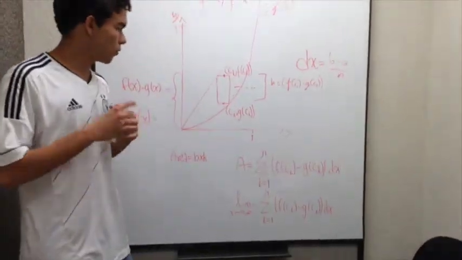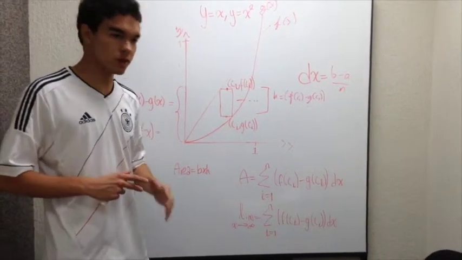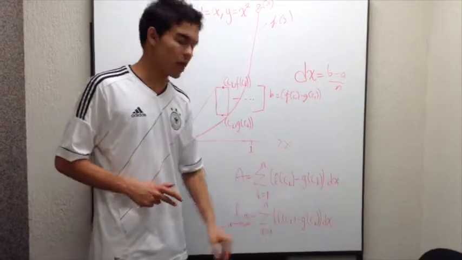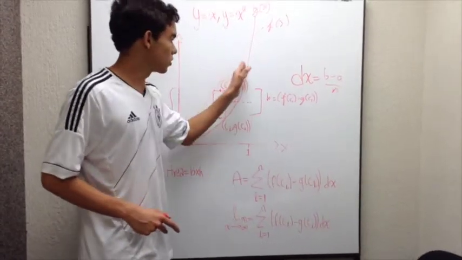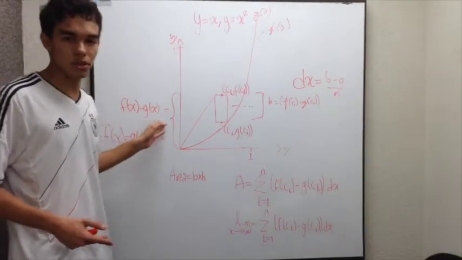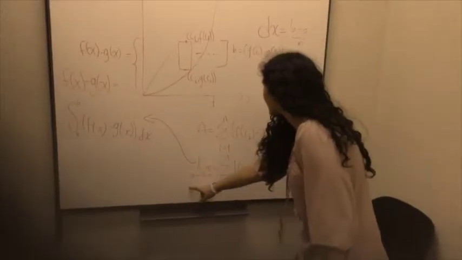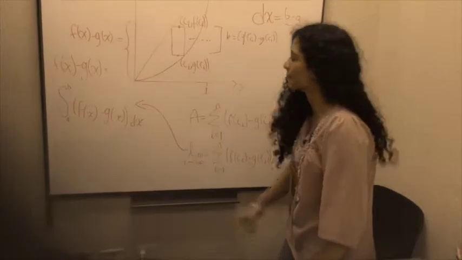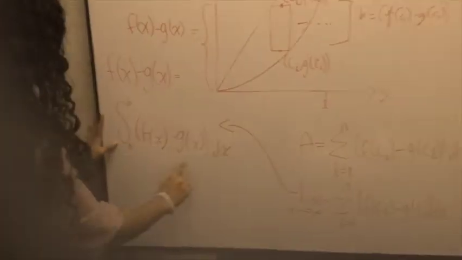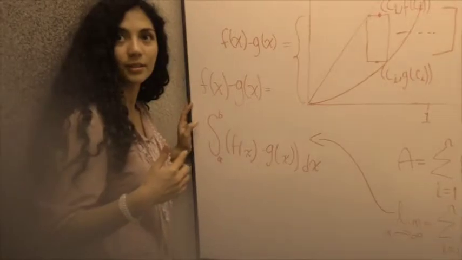In which, if we look at it from a different perspective, we can say that as the limit as n approaches infinity of the same sum, it approaches the area under the interval, or in this case, the integral of f of x minus g of x. And then the limit definition becomes an integral, and we can see that the integral that it becomes from this equation is the same one that we integrated at the first.